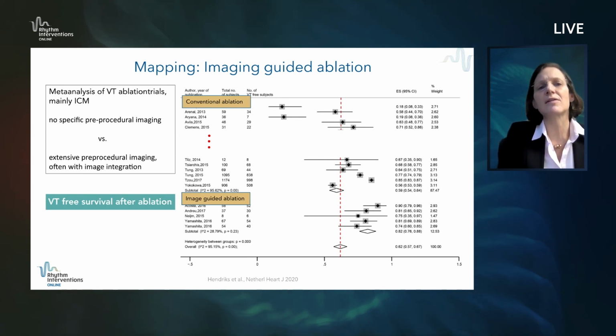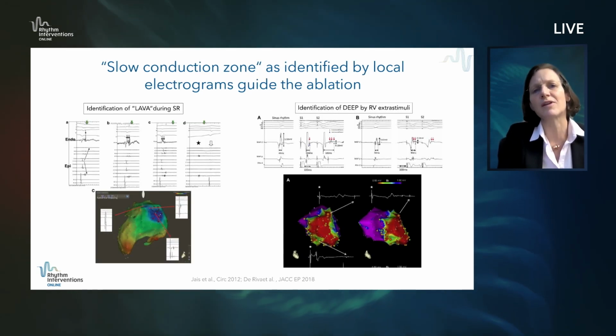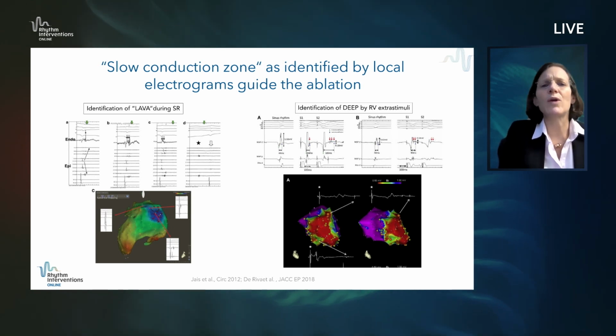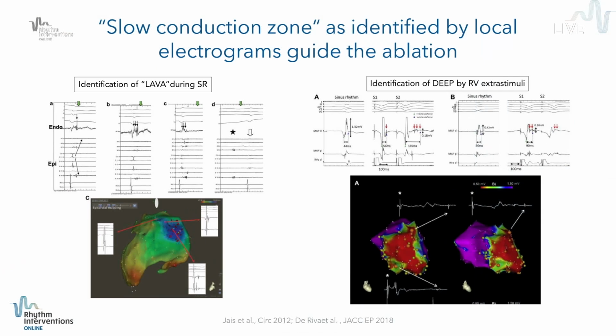Then looking at the next topic that I think was quite interesting, how can we look at slow conduction zones? And we have here two concepts that are, well, not really diverse, but are adding one to each other. The one is the approach that the Bordeaux group published back in 2012, where you look for these LAVAs, these late abnormal ventricular activations in sinus rhythm, and then maybe pace also a little bit.